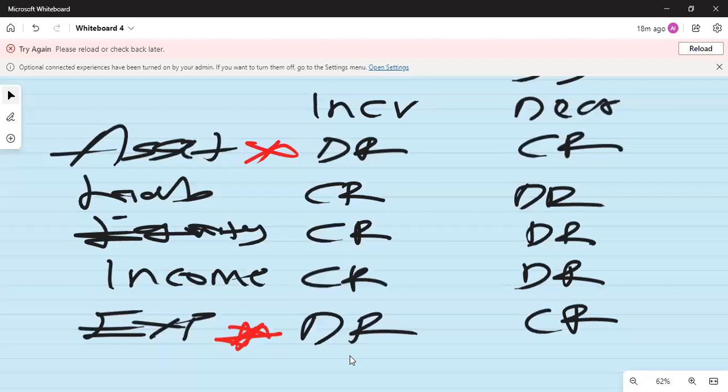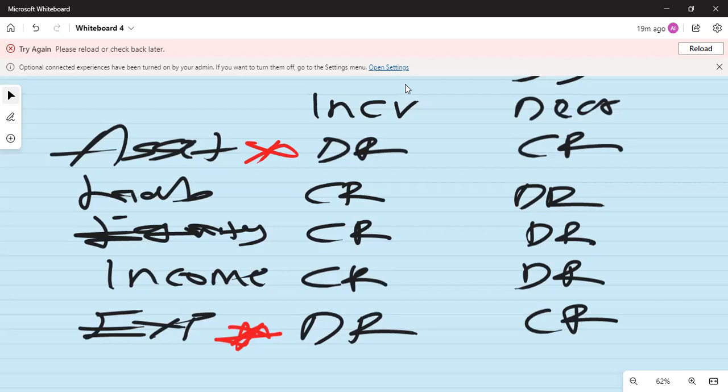Is purchase an asset? Is purchase a liability? Is purchase equity? Is purchase income? Is purchase expenses? So purchase is what here now among these elements of financial statement? Where can you categorize purchase? Expense. Thank you very much. Purchase is an expense.